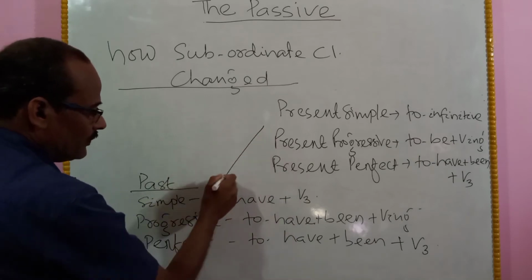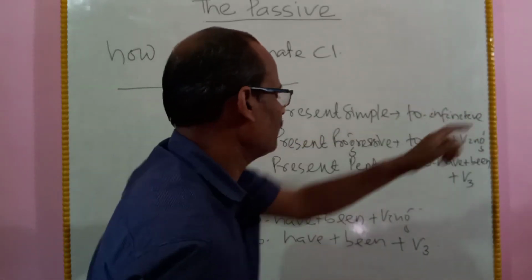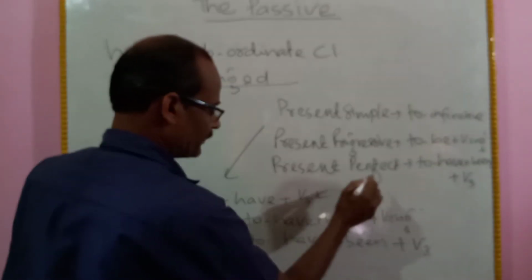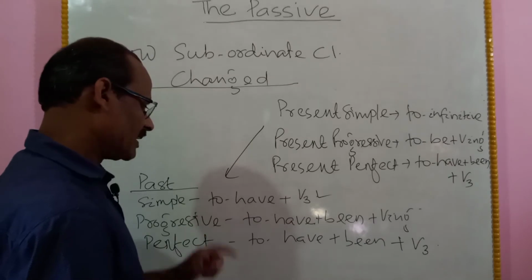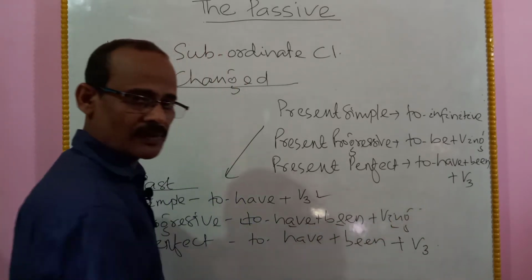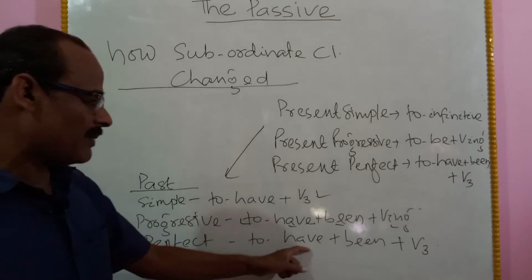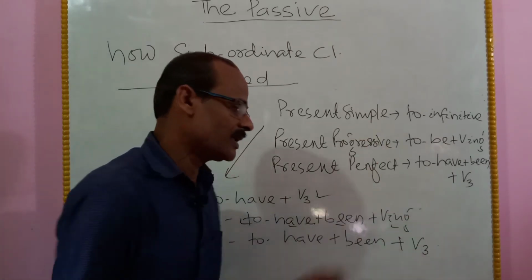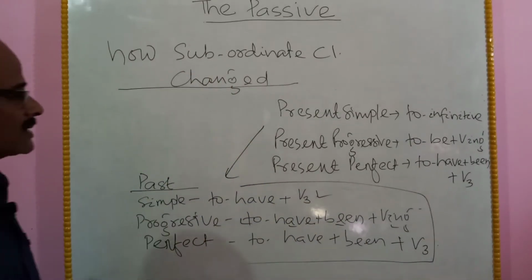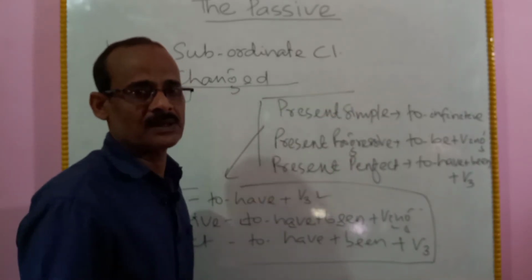We jump from present to past. To infinitive, to have plus V3. Progressive: to plus have plus been plus verb-ing. Perfect: to have plus been plus V3. These are the rules for past and these are the rules for present.